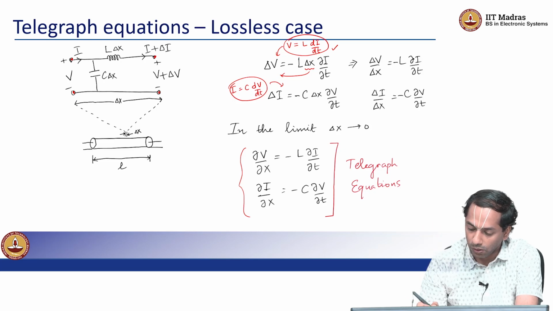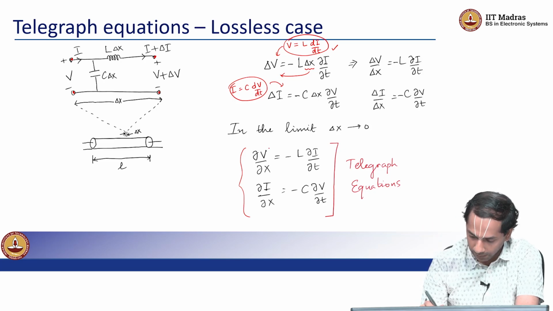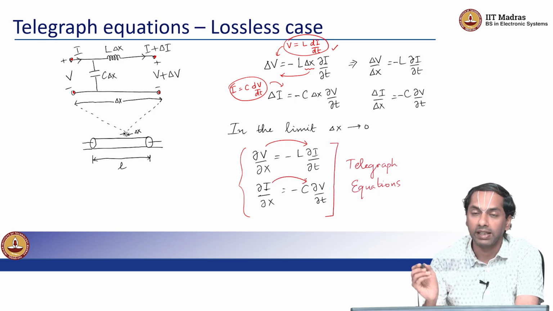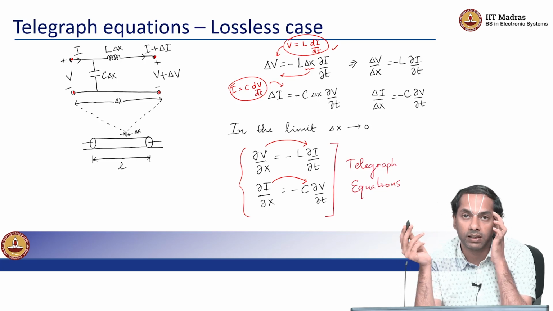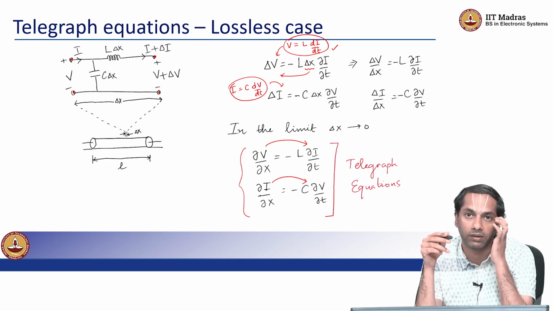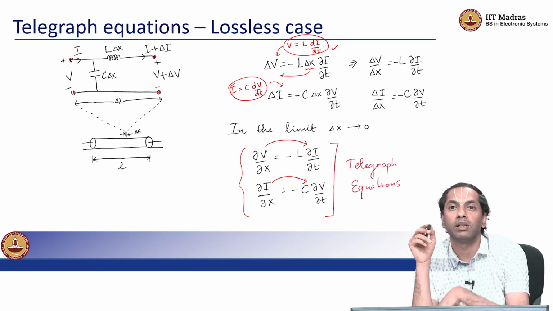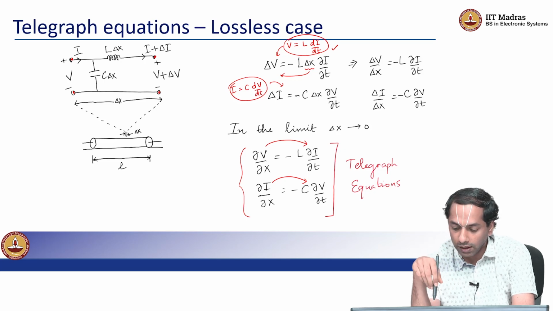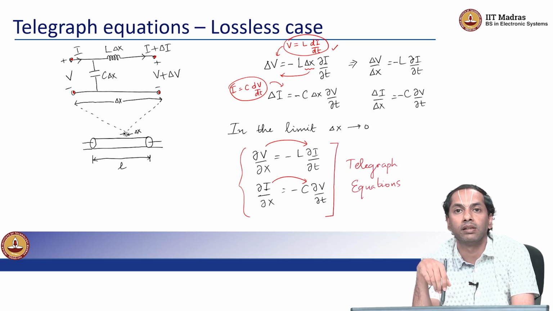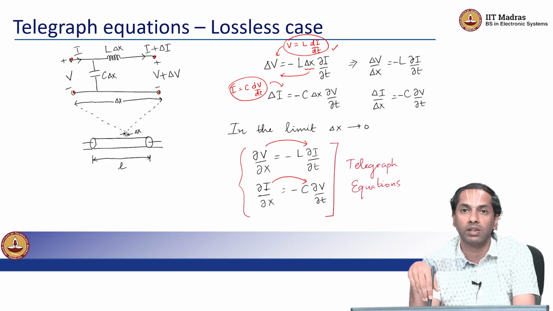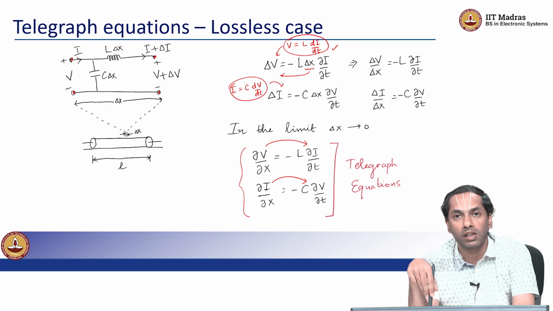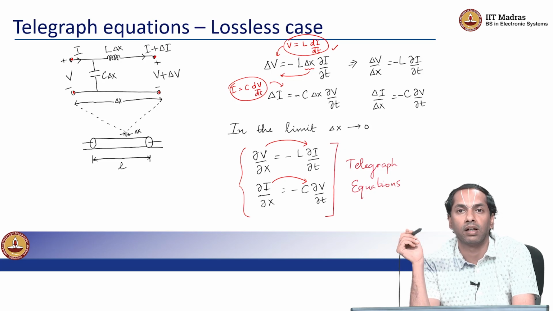And what is interesting to look at in these equations is the inherent cycling, right. We said that changing electric fields cause magnetic fields and changing magnetic fields cause electric fields. This cyclic phenomenon seems to be present in these equations that we see, because time rate of change of current is leading to changes in voltage, and time rate of change of voltage is leading to changes in current, right.